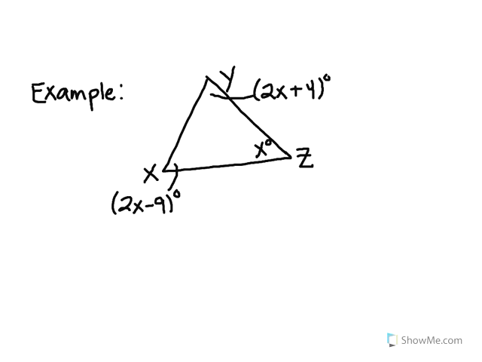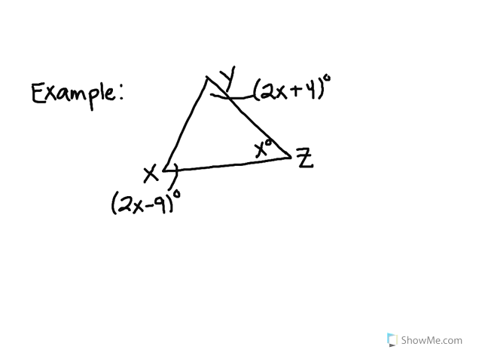Okay, so let's take a look at this example. Here I have a triangle, and I have three angle measures, x, y, and z, and they all have expressions such as 2x minus 9 degrees, 2x plus 4 degrees, and then x degrees, and I'm supposed to solve for x. Now the only thing I know is that the sum of all of these angles should equal 180 degrees.